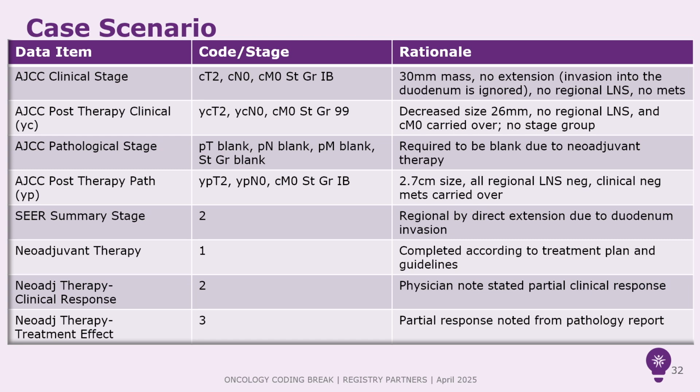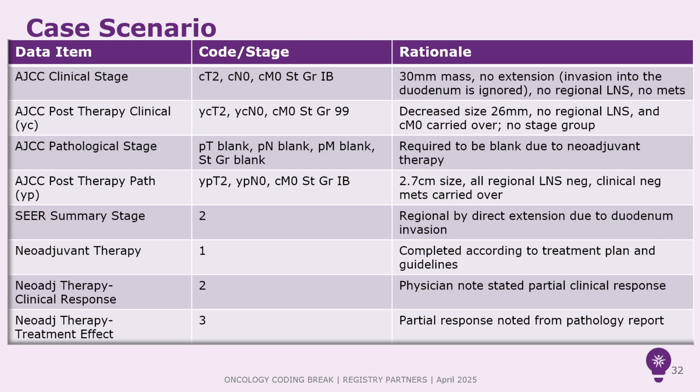Our AJCC post-therapy clinical, YC, will be a ycT2, ycN0, cM0, stage group 99. There was a decreased size to 26 millimeters, but it remains a T2, no regional lymph nodes, and cM0 is carried over from the clinical stage, along with no stage group.